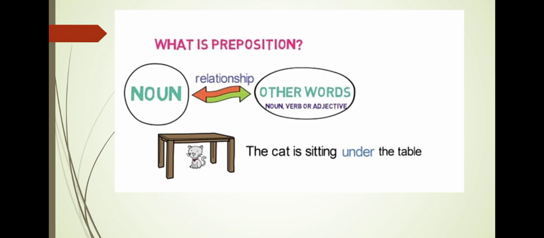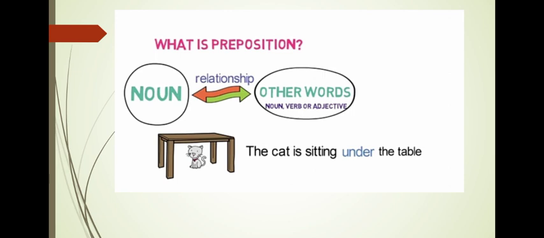If we do not use the word under, then we are not able to get the relationship between the cat sitting and the table. We fail to understand the meaning if we do not use the word under. By using under, we get the complete meaning. Hence, under is a preposition here.